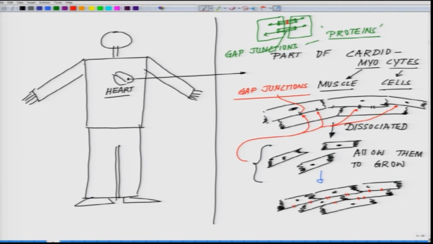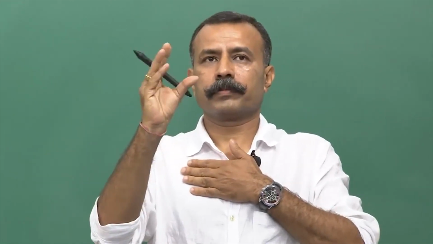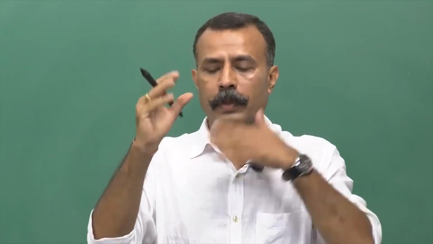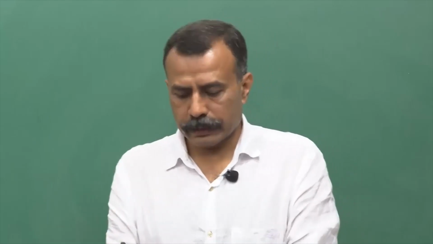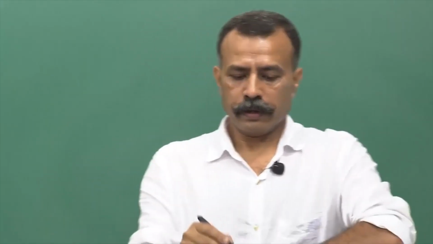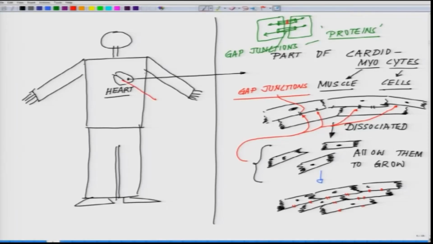Now, next thing, when we talk about cardiac, you touch your heart, it is beating. This beating means these cells, what you are seeing here in your body, are essentially performing two functions. They are performing an electrical function and a mechanical function.